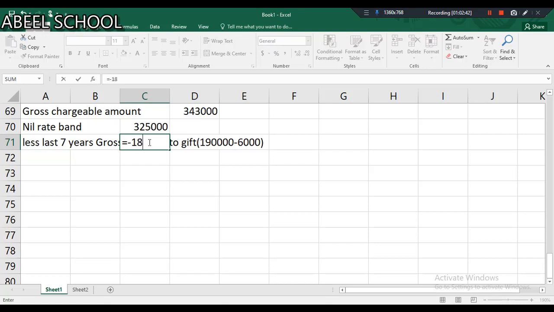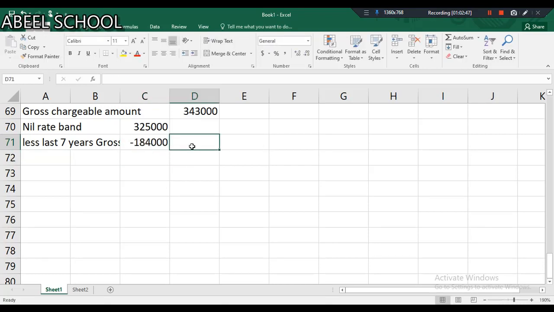So 184, which means how much? So I'm getting 141,000. Still nil rate band is available.